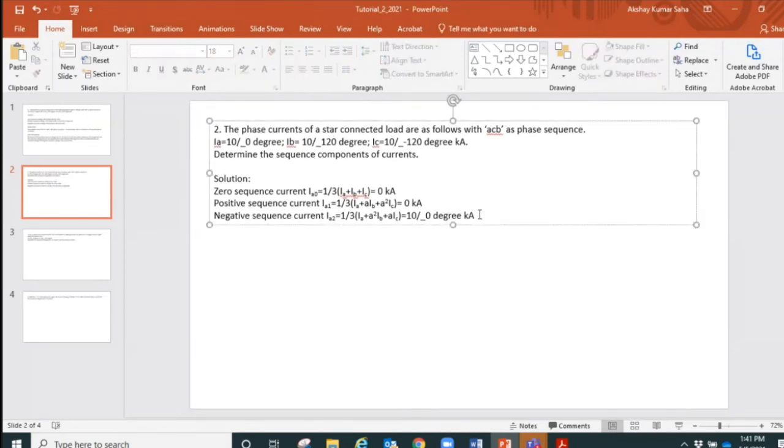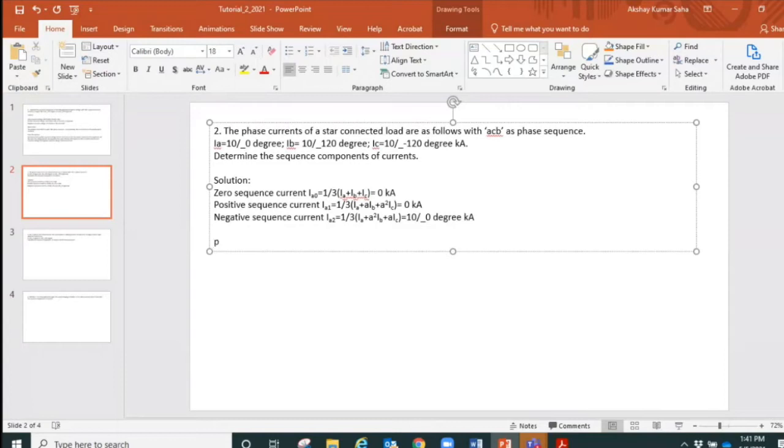So if we go now to understand that part, what the problem states. ACB is the phase sequence, which is conventionally negative sequence.